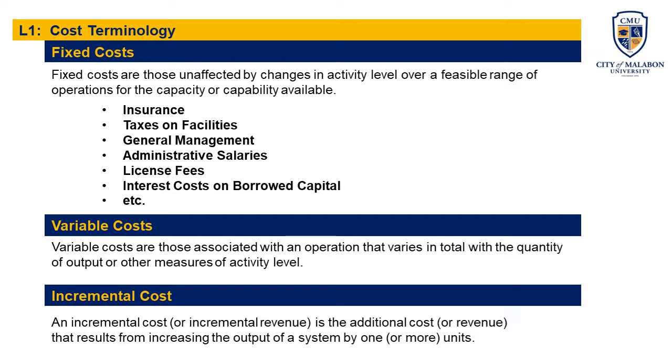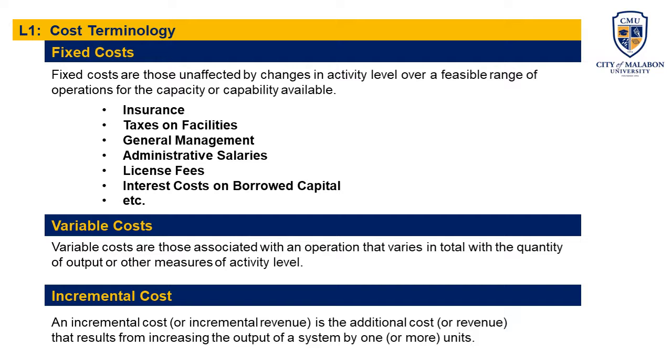So let's start with fixed costs. Fixed costs are those unaffected by changes in activity level over a feasible range of operations for the capacity or capability available. Typical fixed costs include insurance and taxes on facilities, general management and administrative salaries, license fees, and interest costs on borrowed capital.